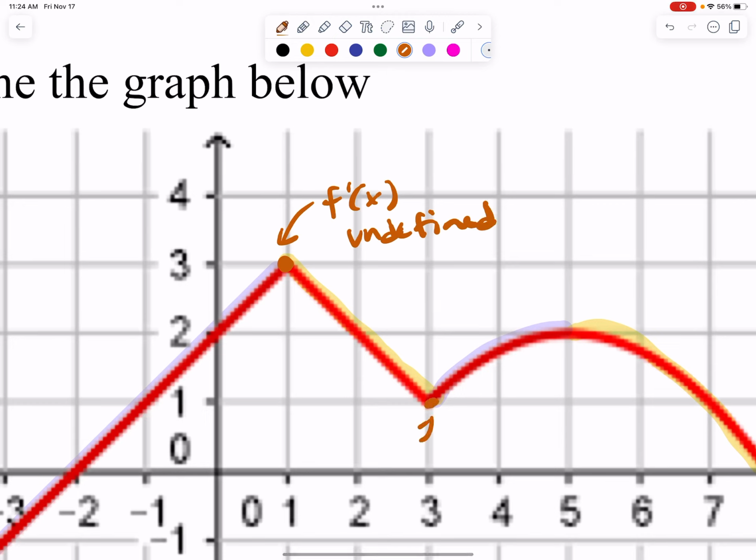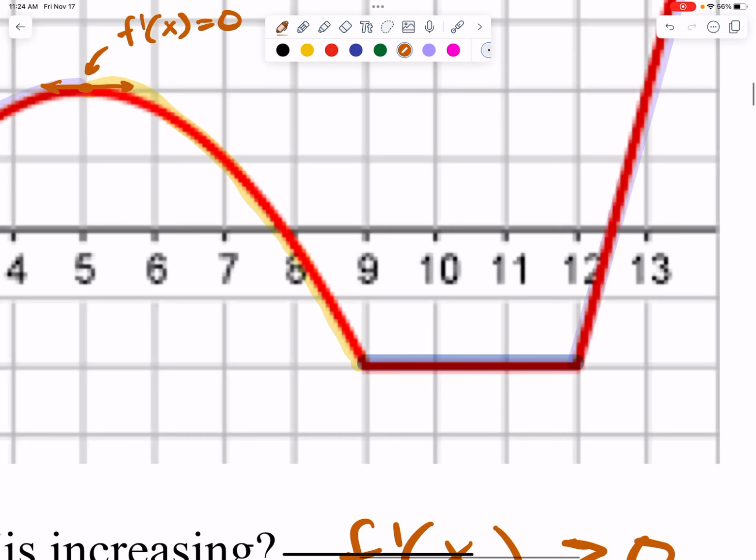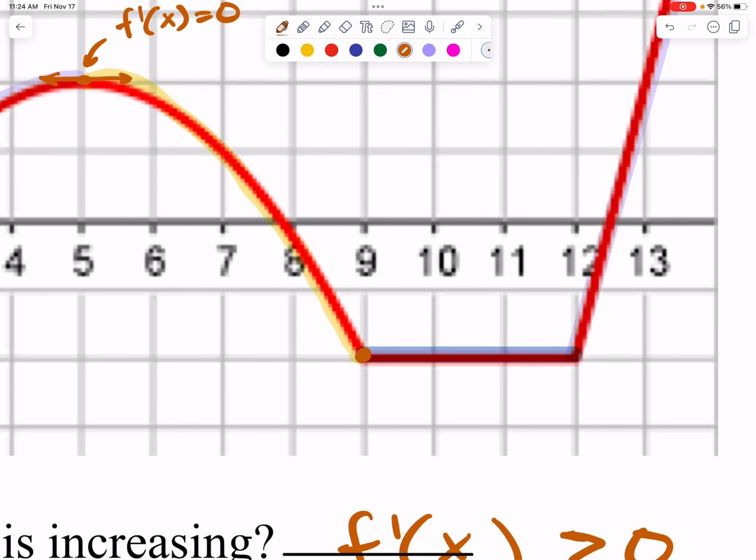Same thing at x equals 3, where the graph changes from decreasing to increasing, f prime is also undefined. At 5, it looks like there would be a horizontal tangent line there. The function would be differentiable, and f prime would be equal to 0. Okay, for where the graph changes from decreasing to constant, that's a sharp corner, so f prime would be undefined.